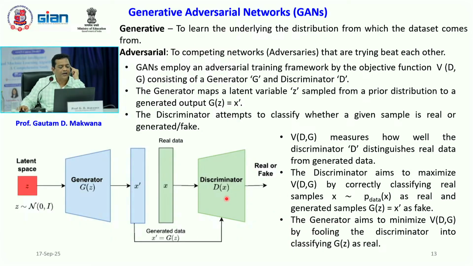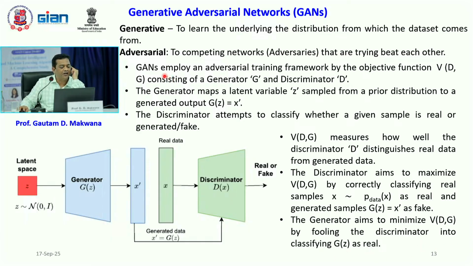The function of the generator aims to minimize this function by putting the discriminator into classifying G of Z wrongly.